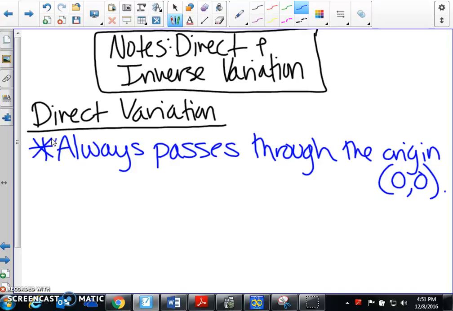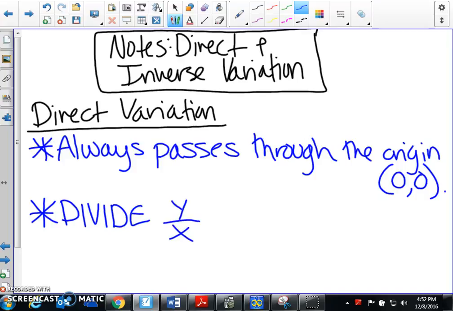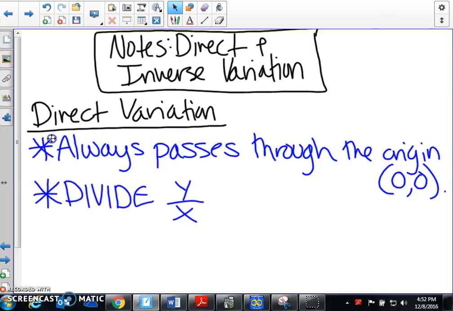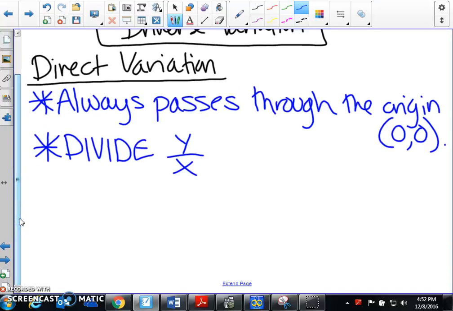In terms of when you think direct, you should be thinking divide. And the reason is because the ratio is y over x, okay? That's our ratio. So our constant of variation, and I know I'm throwing a lot of words at you right now, but believe me, I'll tie it all together.